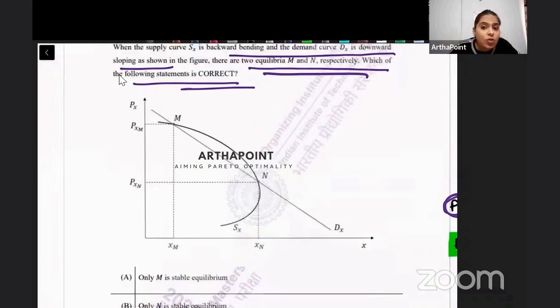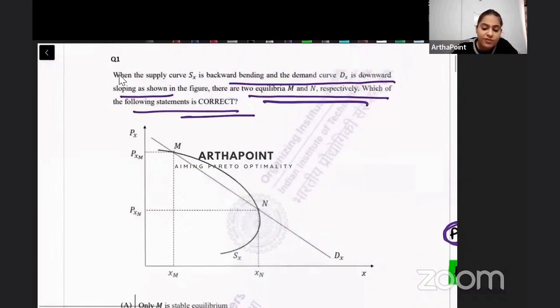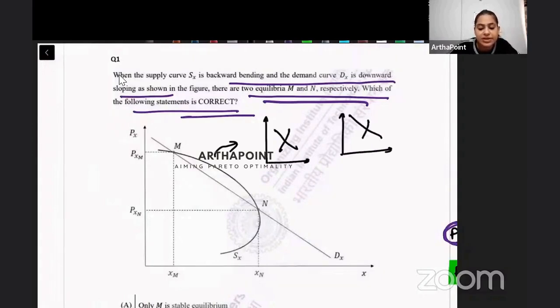I could very well have made this into a particular market. I could have changed the question and given you two separate demand supply curves, or four separate demand supply curves, and asked you about stable and unstable equilibrium. These are different ways you can expect these kinds of questions.